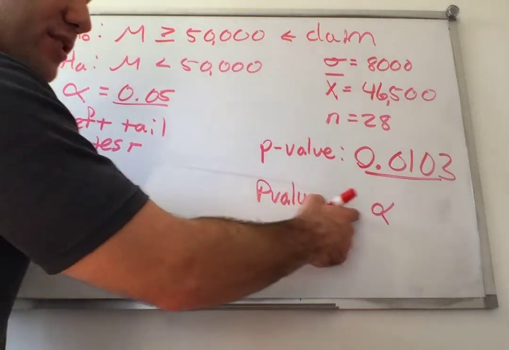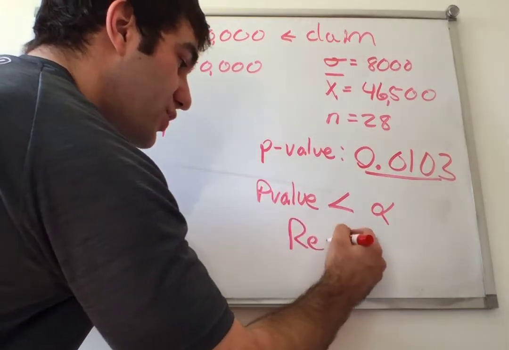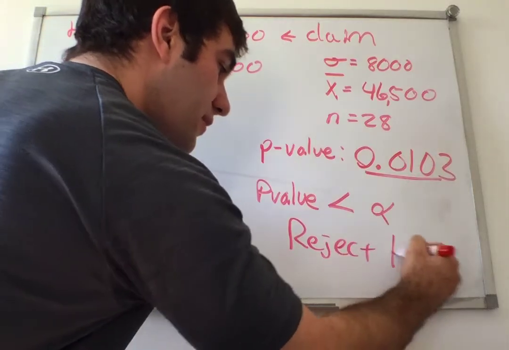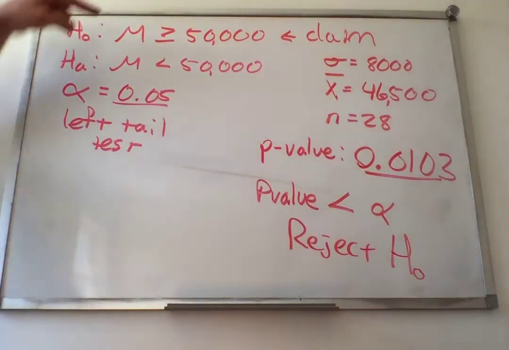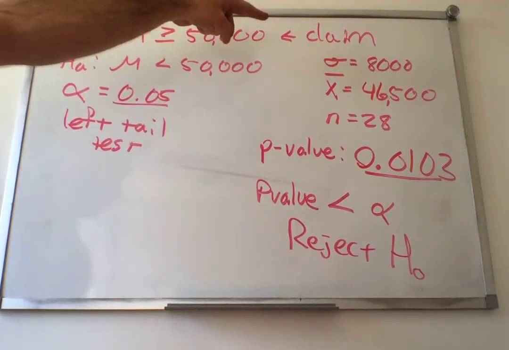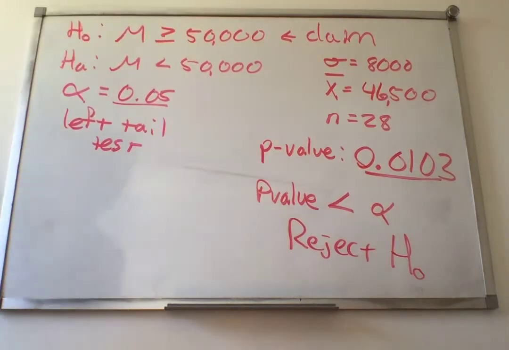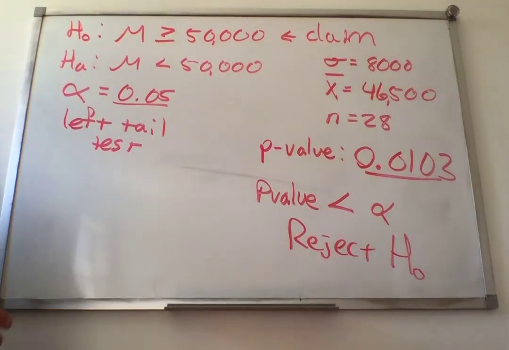Since our p-value is smaller than our alpha value, our decision here is to reject H naught. Okay? We're going to reject the null hypothesis. Okay? And that's where our claim was.